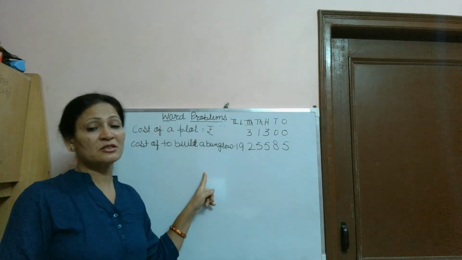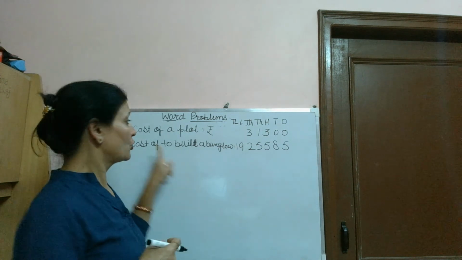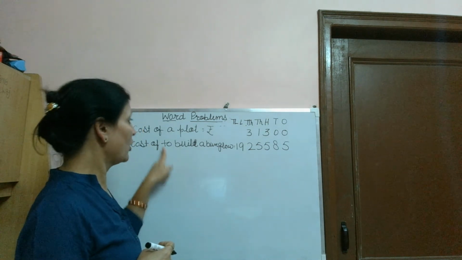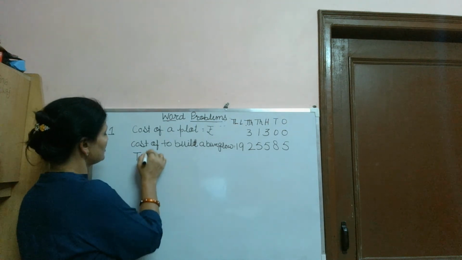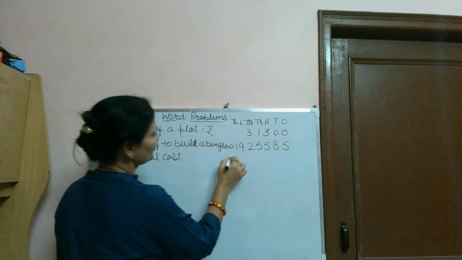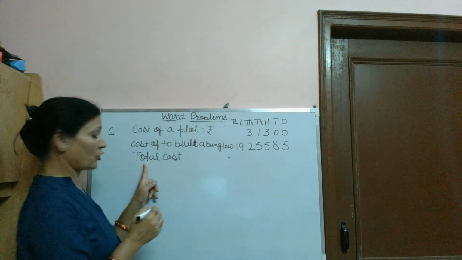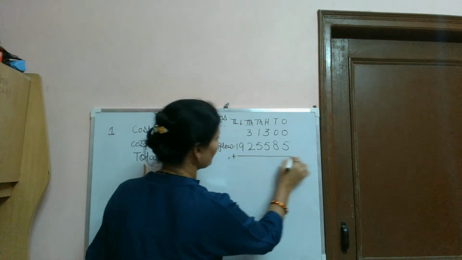They are asking in this question, what is the total cost of building a bungalow and a plot? So we will write total cost equal to. Where is total? So we will put the sign of plus.